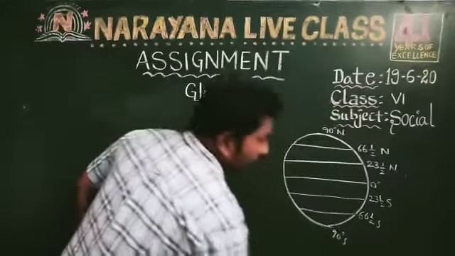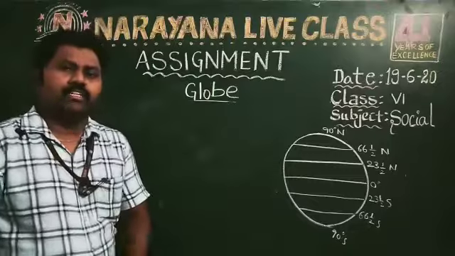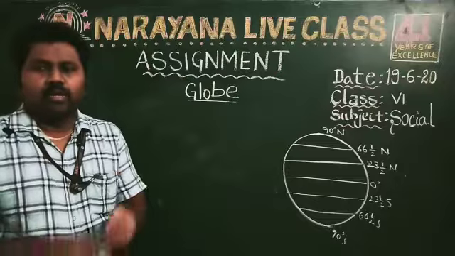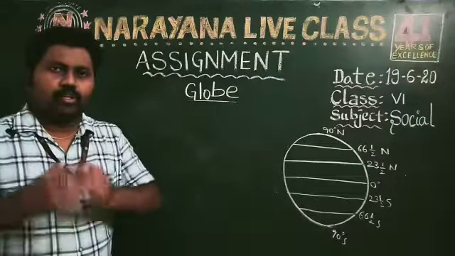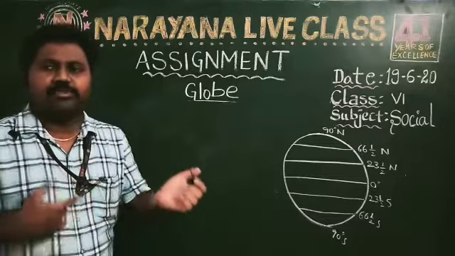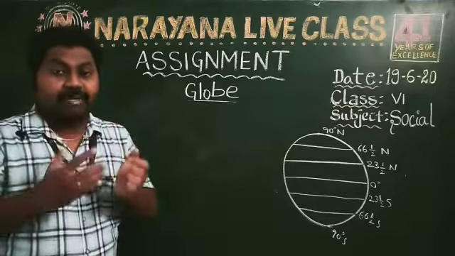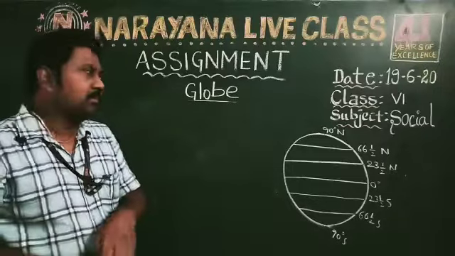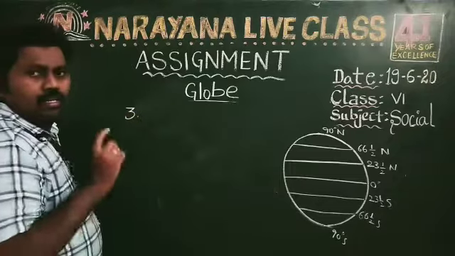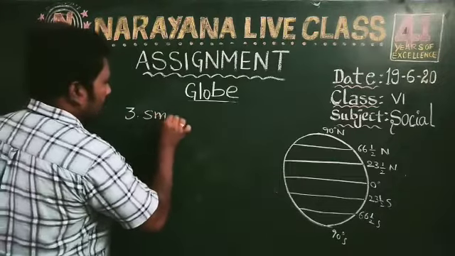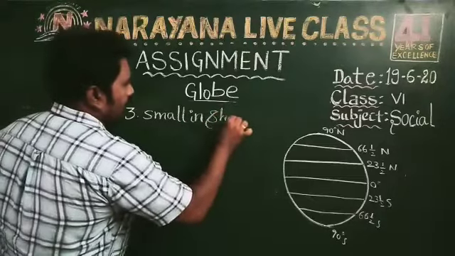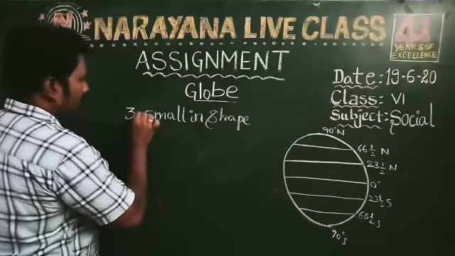Now children, we are moving to the third question, that is, what are the advantages of globe? The globe is small in shape, we can carry it anywhere, it is easy to use, and it depicts all the features of Earth. So the third question's answer is, small in shape, that is the first point.